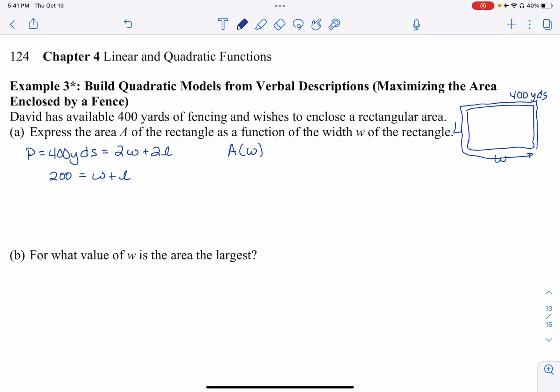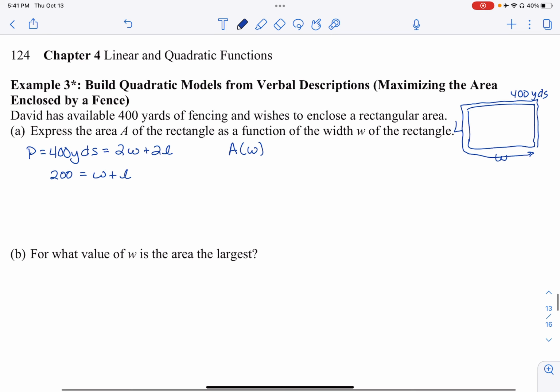And coming back over here, we know that the area is equal to the length times the width for a rectangle. So if we're looking to find the area as a function of the width, then we can substitute in, if we can find the length as a function of the width. So let's start with that.